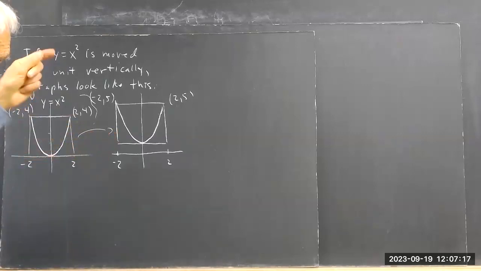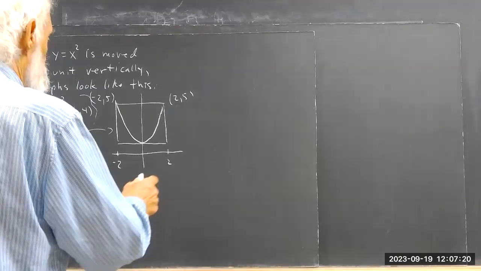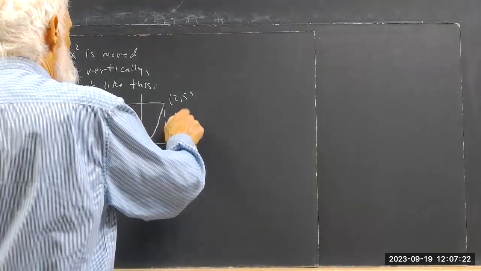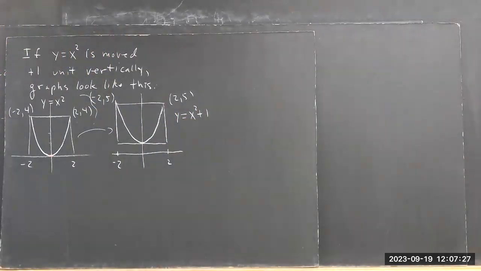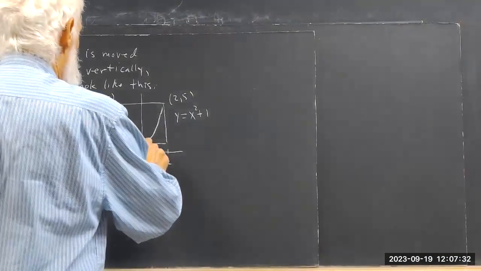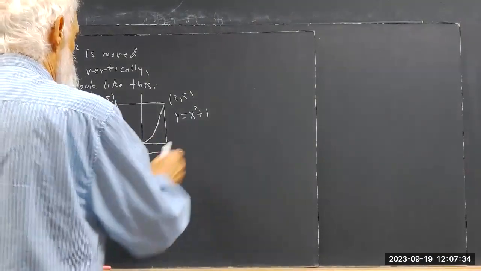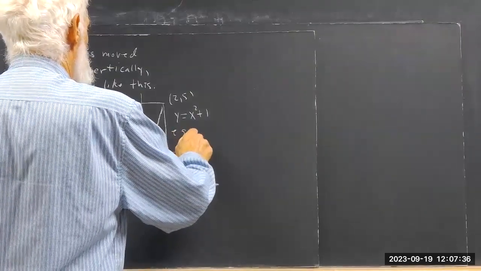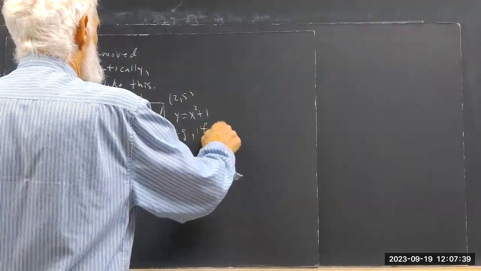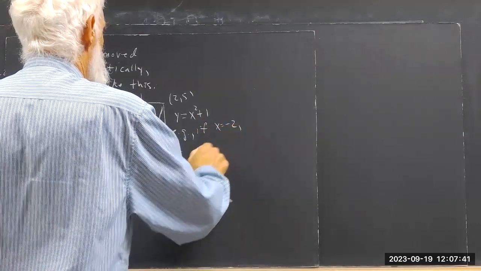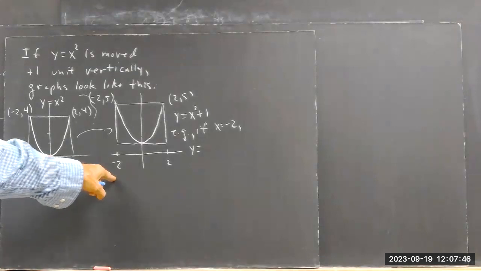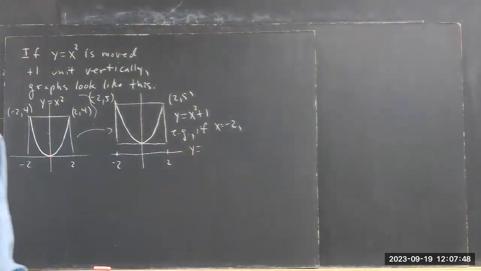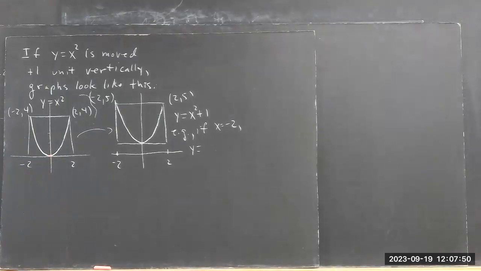Now, what's the formula here? Well, the formula is y equals x squared plus 1. What do you get? So for example, if x is -2, what are you going to get for y? Now work that out.